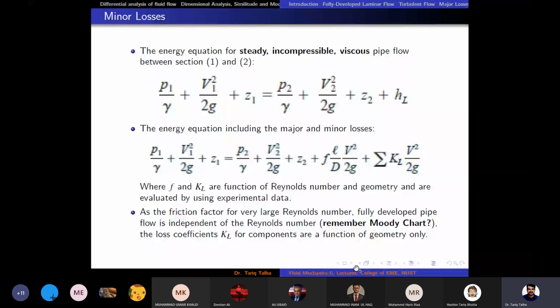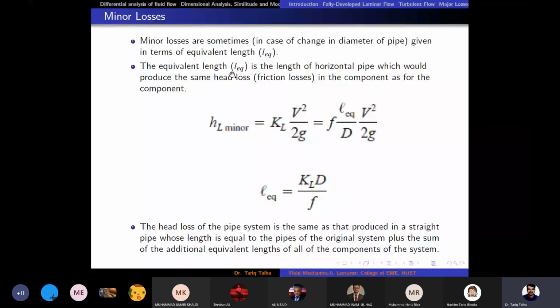So minor losses are sometimes, in case of change in pipe diameter or for the use of commercial software, just replaced with the equivalent length. The equivalent length is the length of the horizontal pipe which would produce the same head loss, or friction loss, as the loss produced by that actual component.